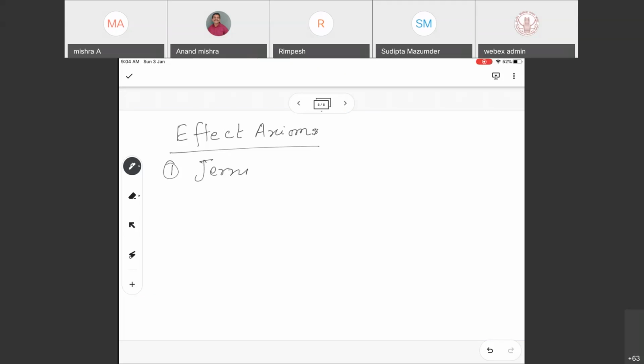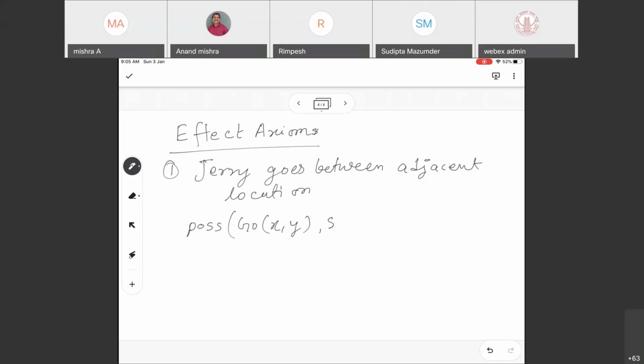Jerry goes between adjacent locations. So we can write possibility go X, Y, S.